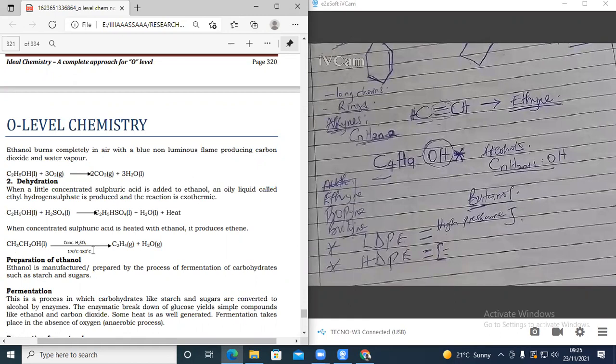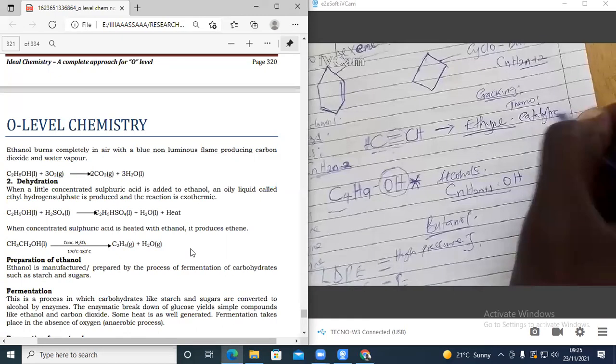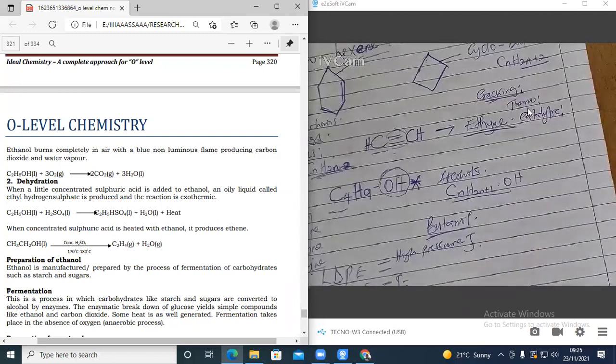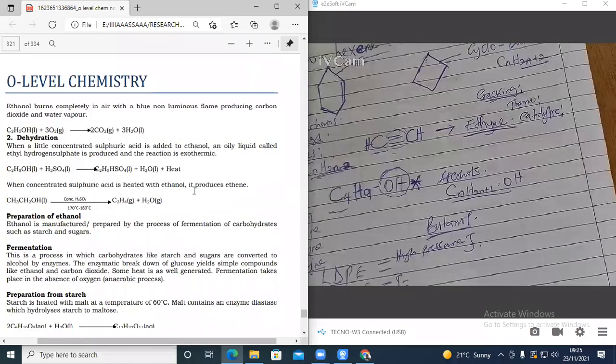We looked at, in simple terms, what we call cracking. We looked at thermal cracking and catalytic cracking. So by this time, you should know the meaning of the word cracking and the difference between thermal cracking and catalytic cracking.